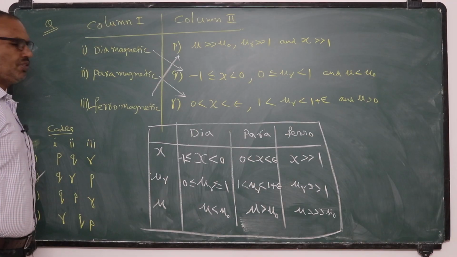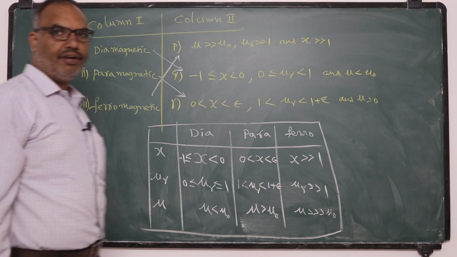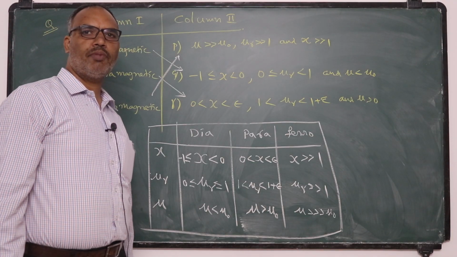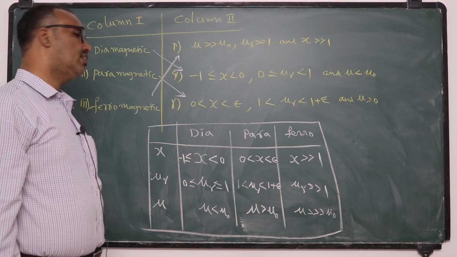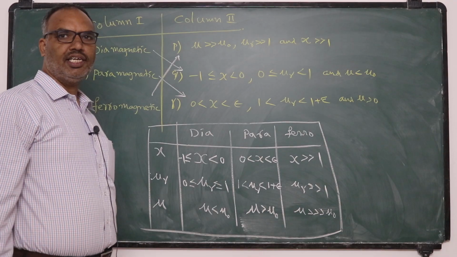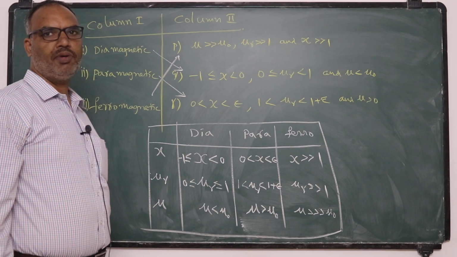Option B is the right option. Once you read all the dia, para, ferromagnetic substances and their properties, then this table is quite simple and easily understandable for everybody.